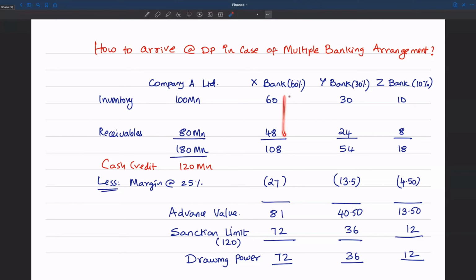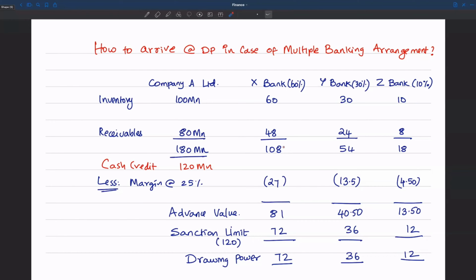So, if I total these two, 108, this is the chargeable current assets for Bank X. These total 54 chargeable current asset for Bank Y, and these total 18 chargeable current asset for Bank Z. Okay. Now, I am assuming there are no sundry creditors, and I am also assuming a uniform margin for both inventory and receivables.